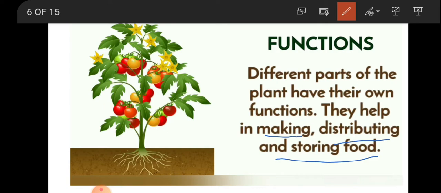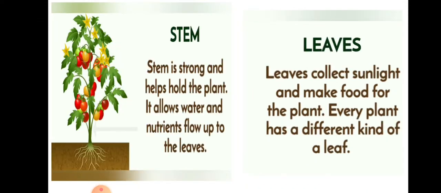Okay, children, and all these cells inside the plant work together. Now see, slowly, one by one, I'll be telling you what all functions they do. All the different parts perform different functions, beta. Okay, let us begin now. First we'll begin with the stem.